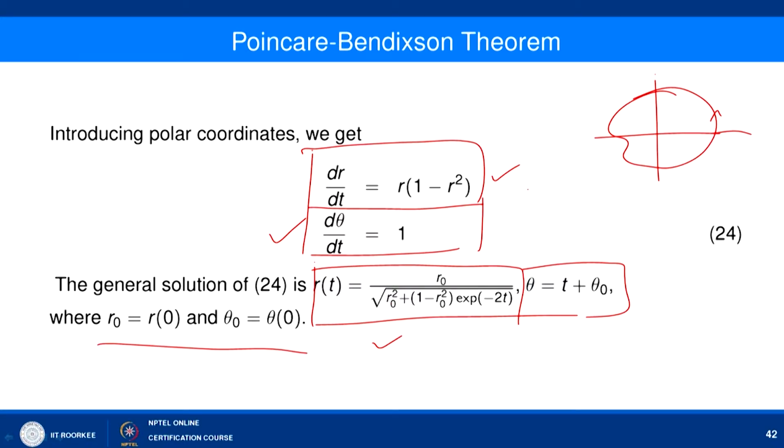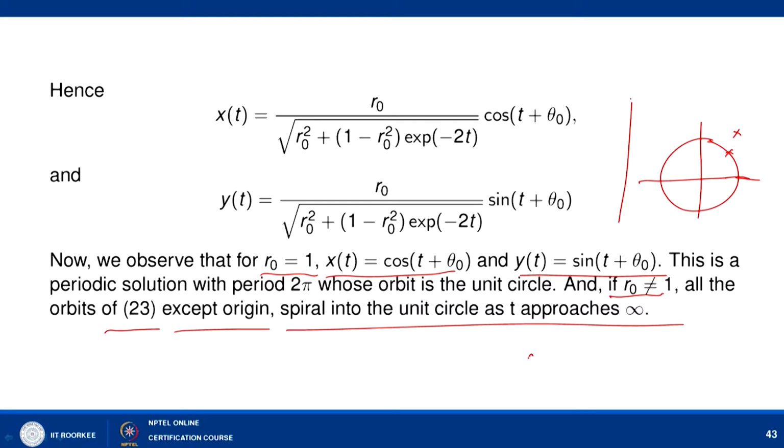And equation number 24 gives you dr by dt equal to r into 1 minus r square. This gives you the change of the radius vector as t tends to infinity.